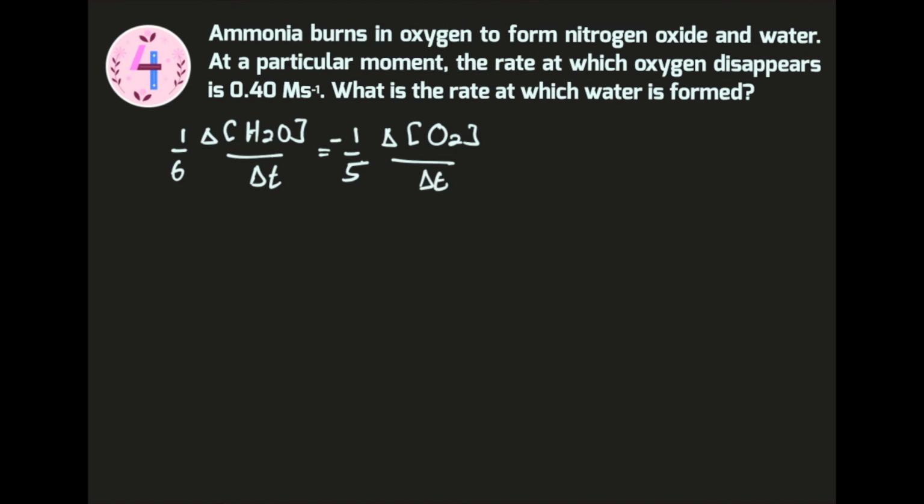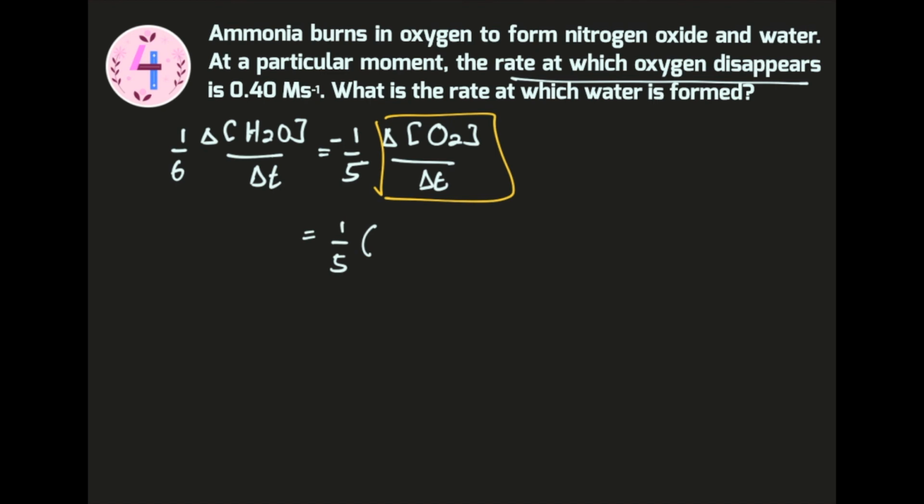Because this one is the reactant, what you need to do now is, because it says that the rate at which oxygen disappears is only for this part, we can say 1 over 5. I'm not going to look at the negative and positive because it's just the positioning of the reactant and the product.